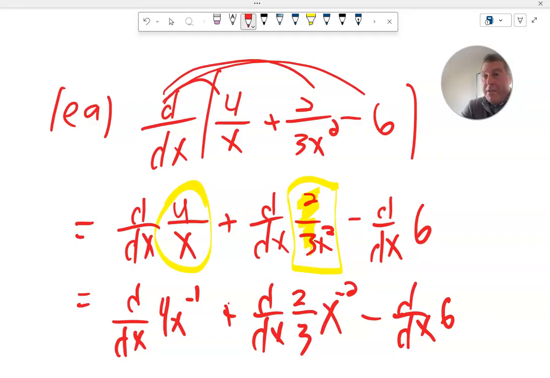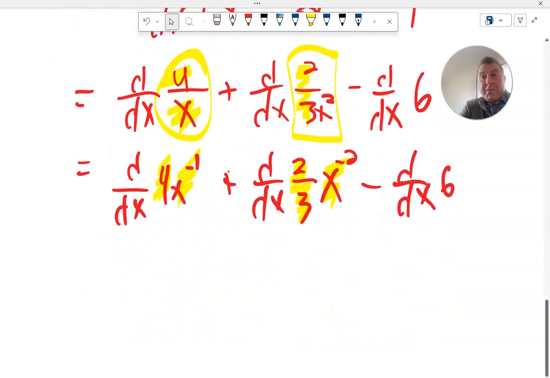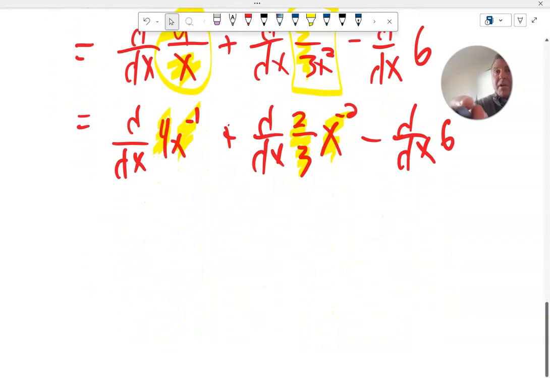I'm just rewriting each term as a coefficient, 4, times the power of x, x to the negative 1. I'm rewriting this second term as a coefficient, 2/3, times a power of x, x to the negative 2. No calculus yet. Okay, now I'm going to derive using both my coefficient and power rule, at least for the first 2 terms.